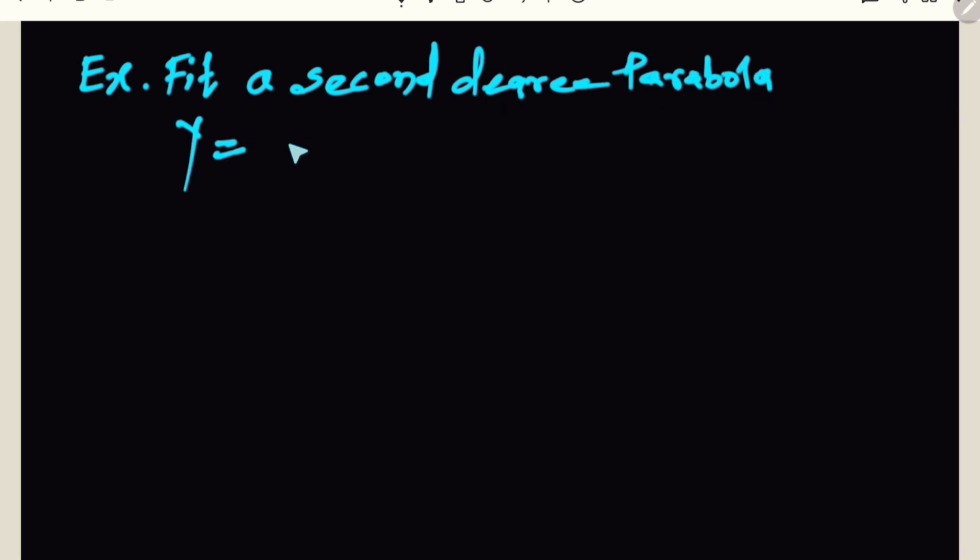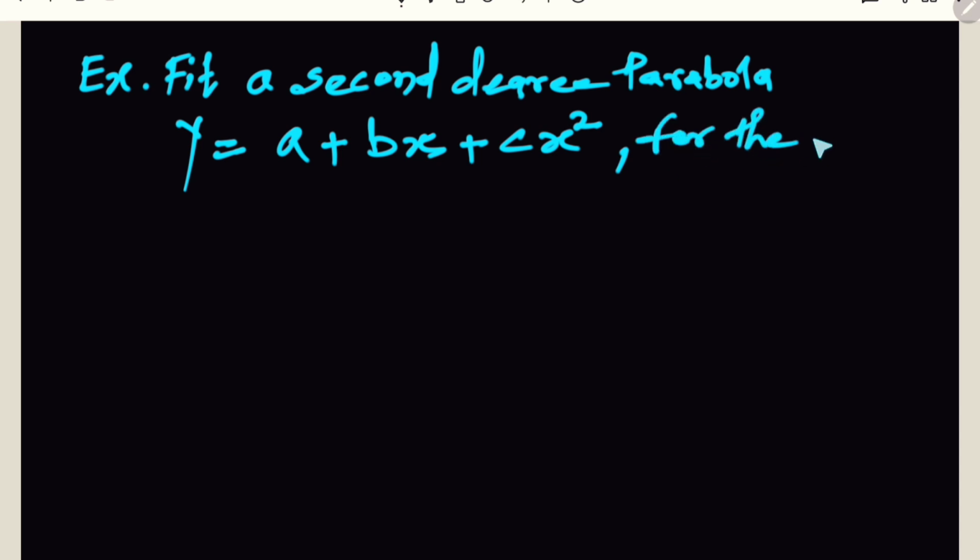Fit a second degree parabola for the given data. The equation of that parabola is y is equal to a plus bx plus c into x square. The given data is like this: we have values for x and corresponding values for y.